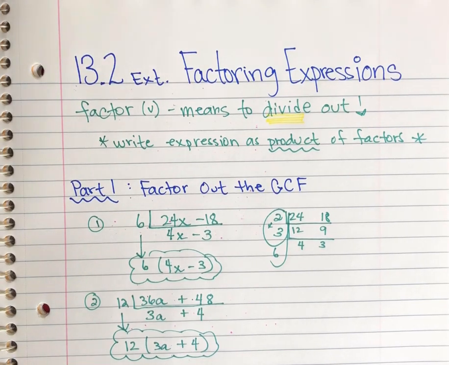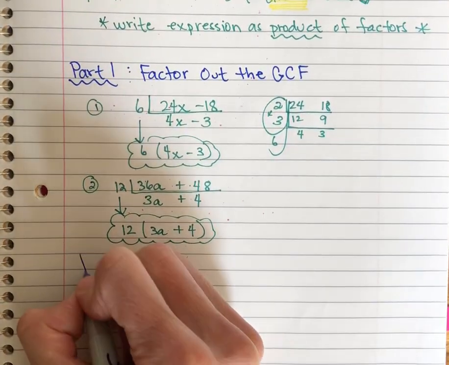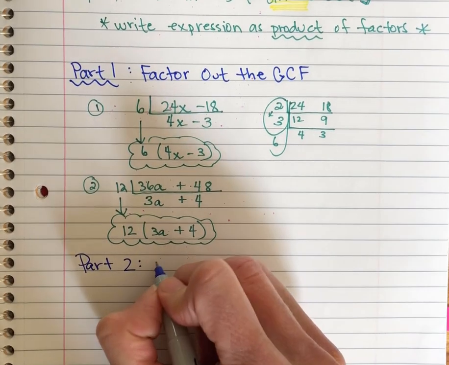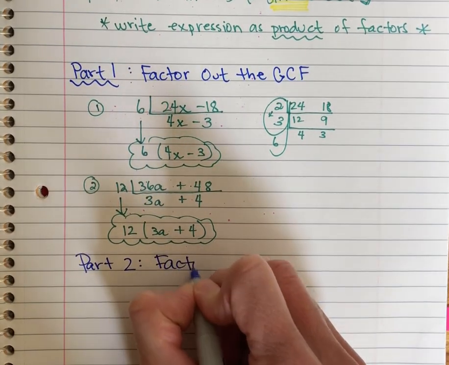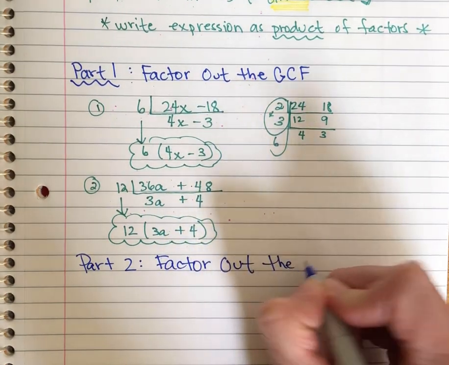Okay, in part 2, the idea is exactly the same. We're gonna factor, we're gonna divide. But in part 2, we are going to factor out the coefficient of the variable.